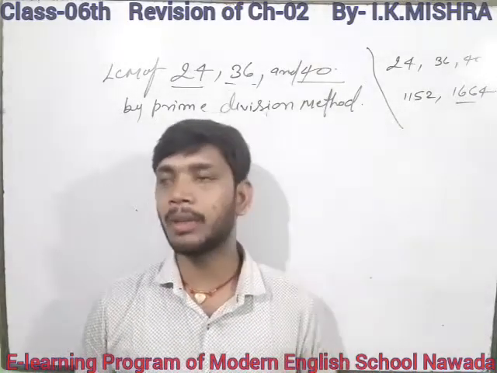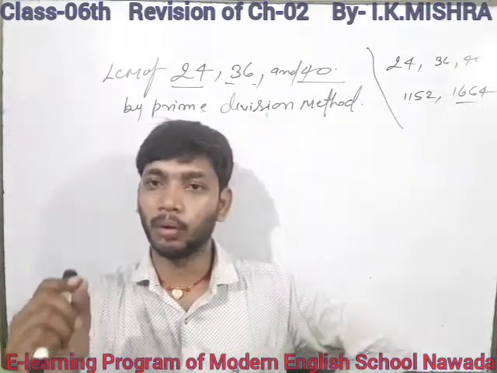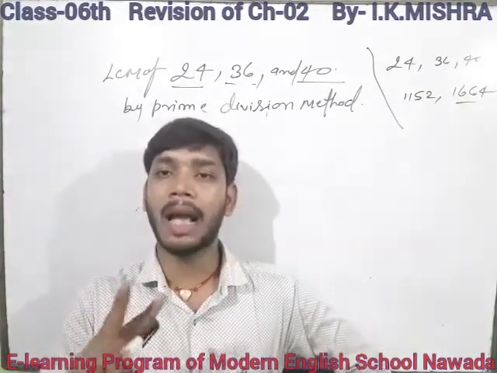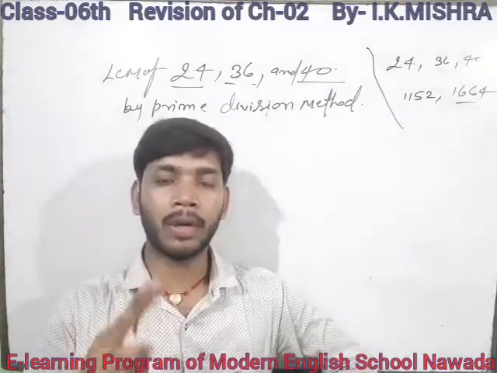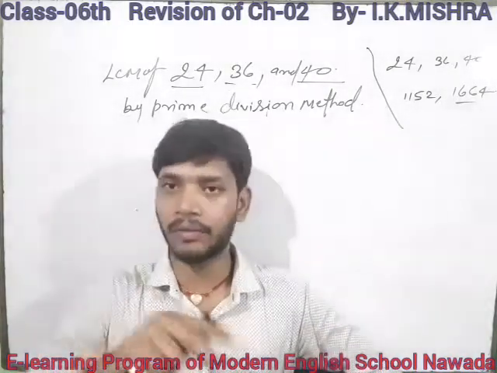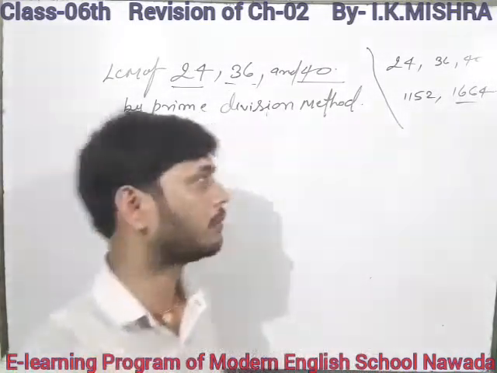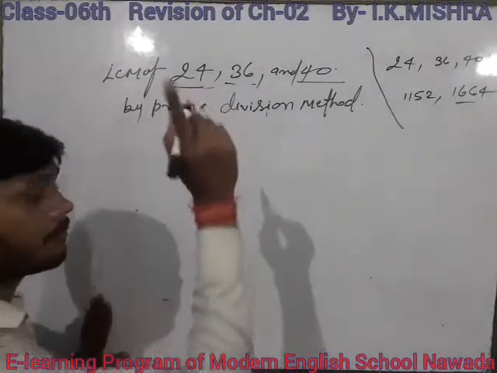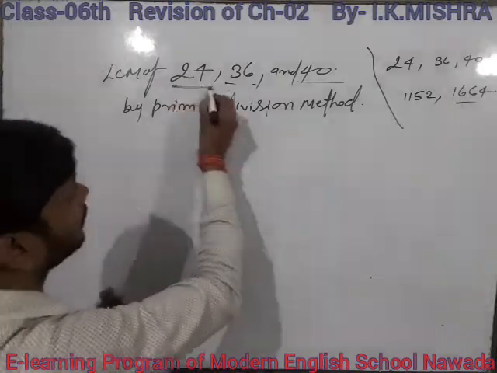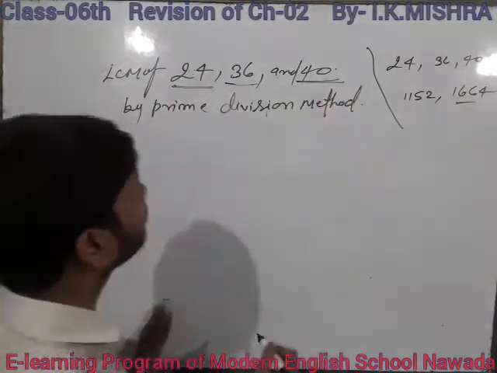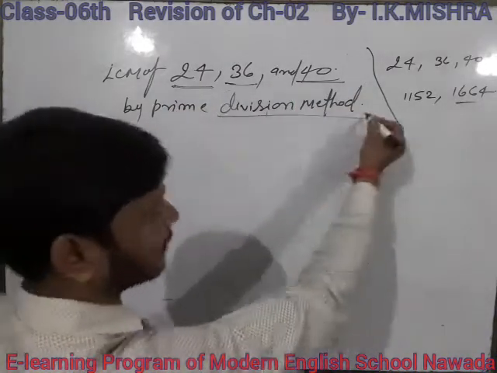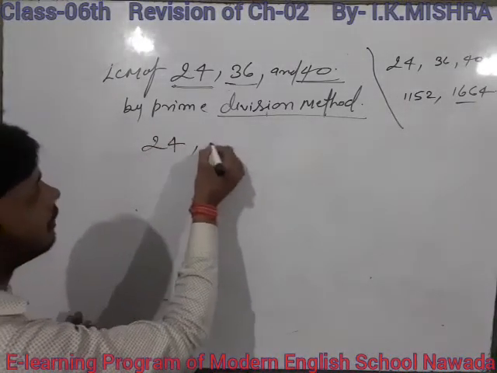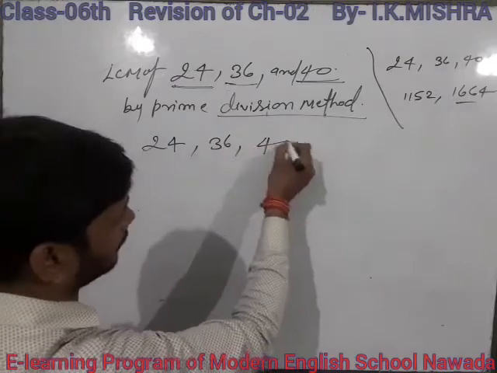Students, in the division method you have to divide by a factor if at least two numbers are divisible by that factor. Suppose you have to find the LCM of the same previous question, 24, 36 and 40, by the division method. First of all write 24, 36 and 40.